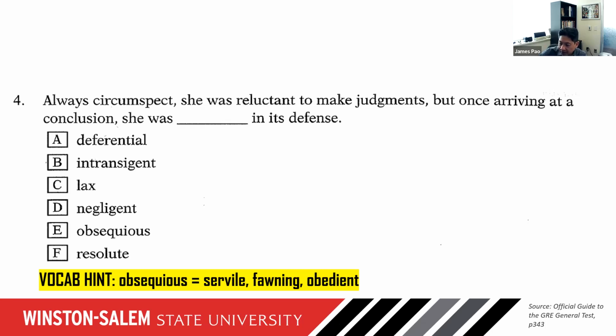She doesn't jump to conclusions, but I'm about to say something opposite. Once she does come to a conclusion, what is she like? Is she careful and thoughtful, or is she something else? She's the opposite. So being careful, not willing to choose, what's the opposite?